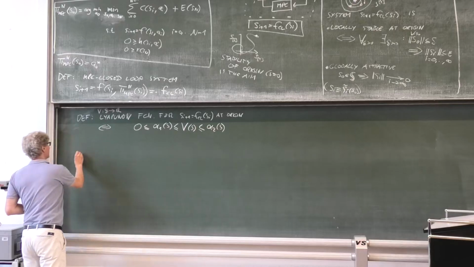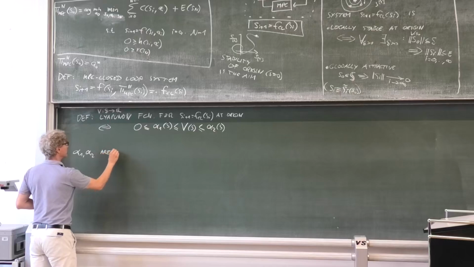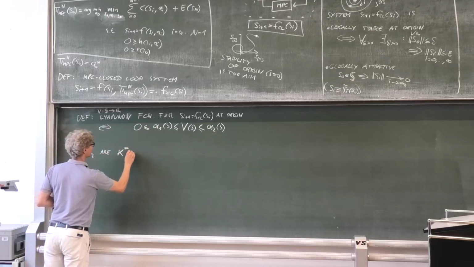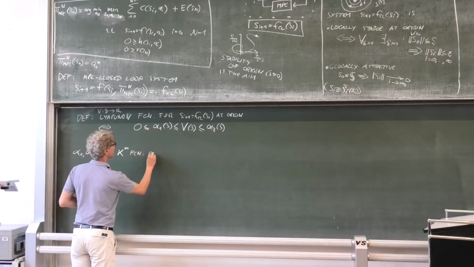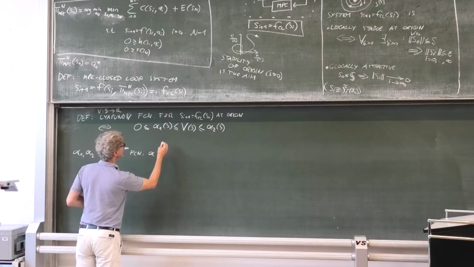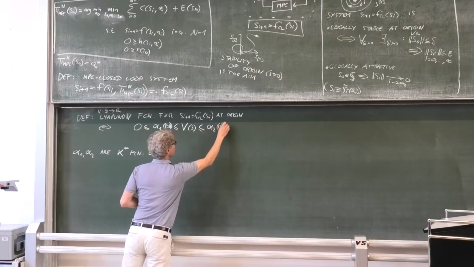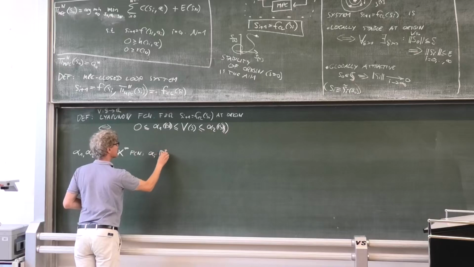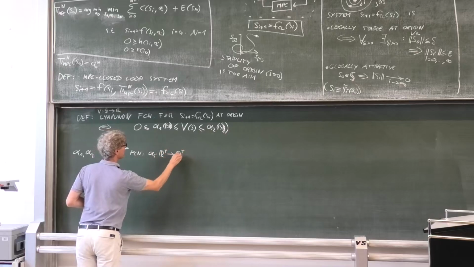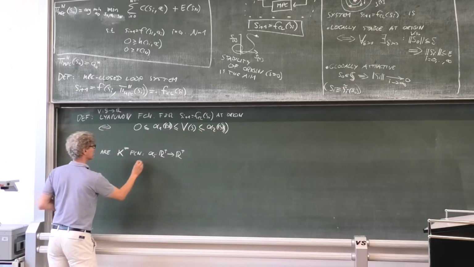And alpha 1 and alpha 2 are what we call K infinity functions. That means that, actually I put the norm here, so they depend only on the norm. They are scalar functions that go from R plus to R plus. Alpha_i at 0 is 0.